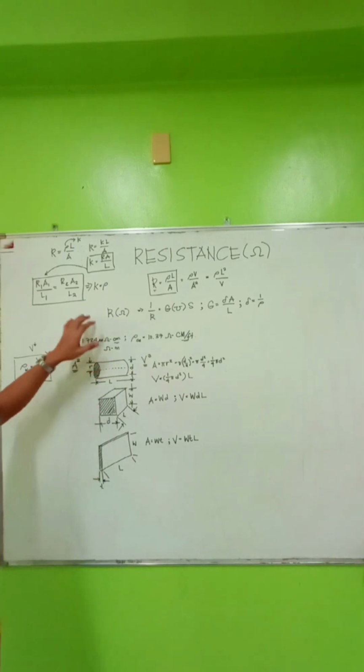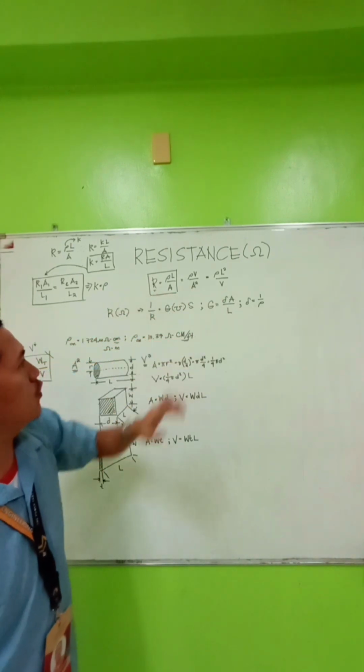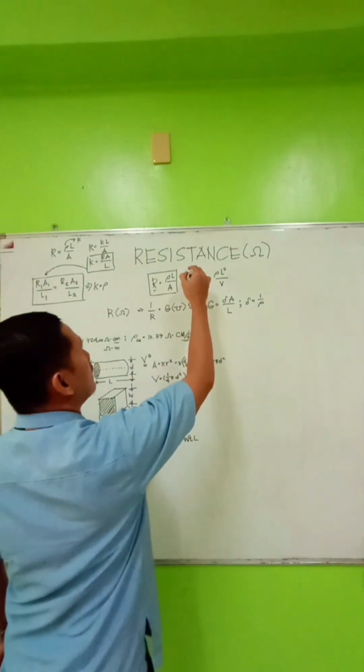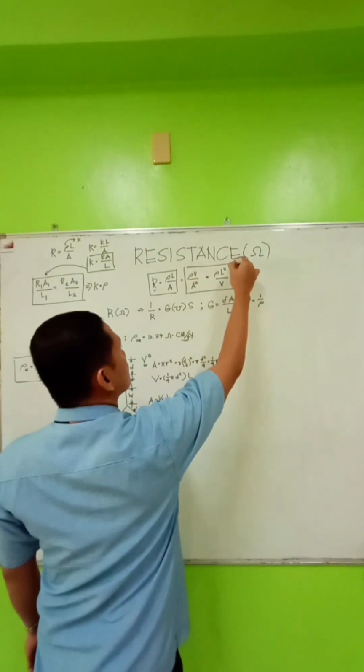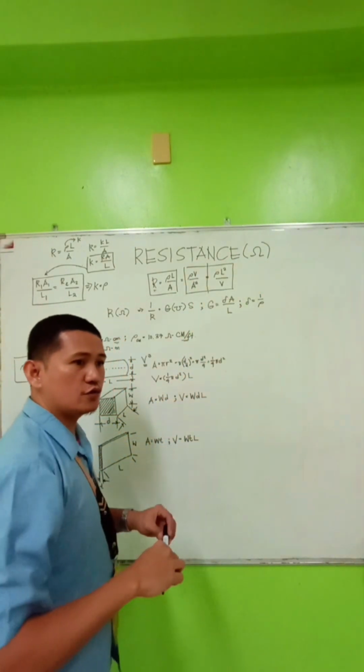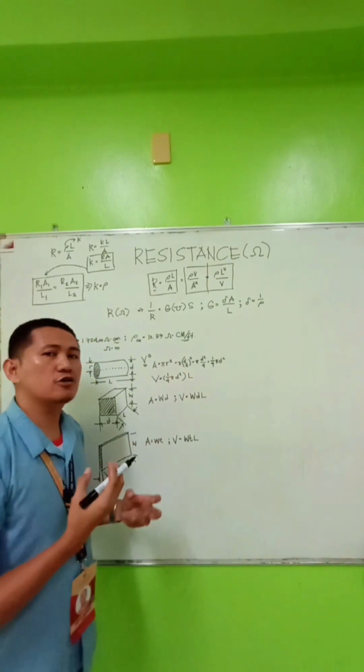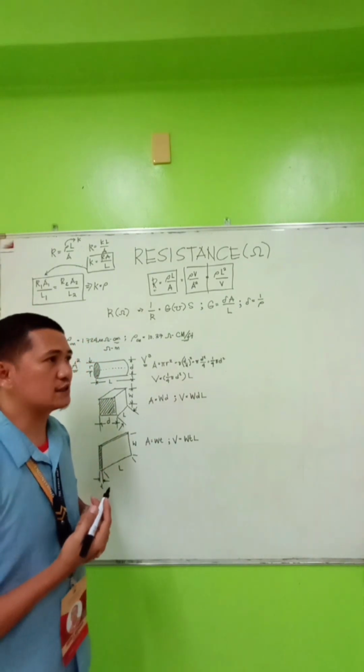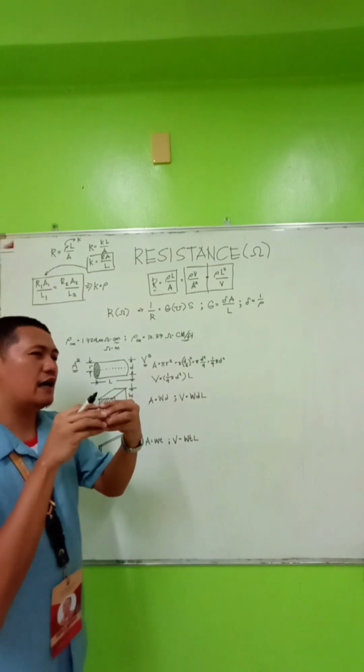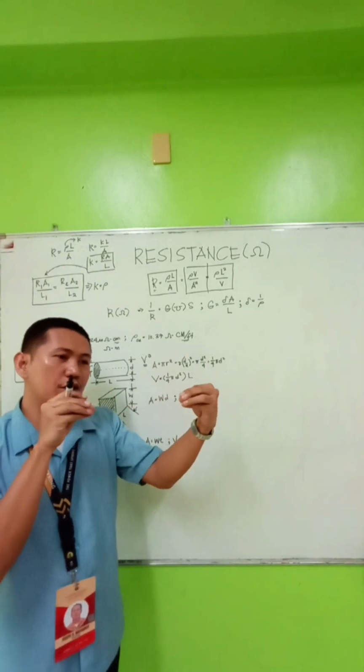Okay, what are the things that we need to remember about the other two formulas? These two formulas are used in your conductor under drawing process. Drawing means a conductor is being drawn to a smaller diameter.